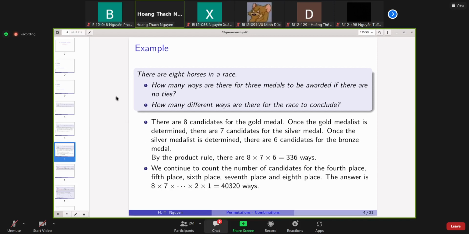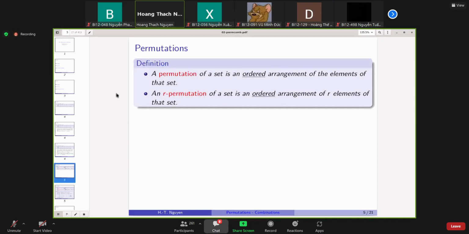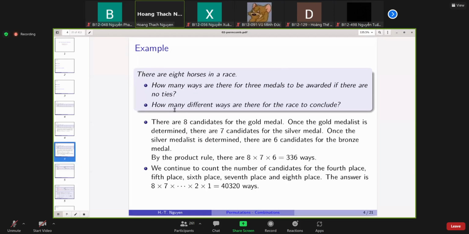So here, you can look at this a different way. You can think that you have 8 horses and you try to arrange them in a linear order.